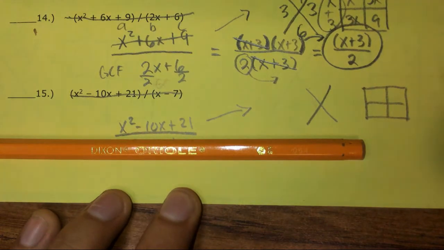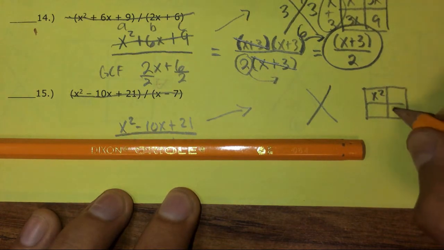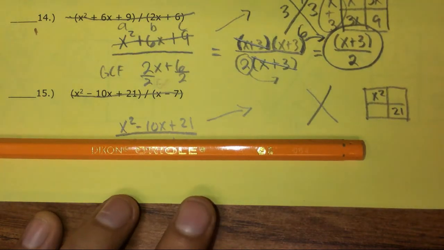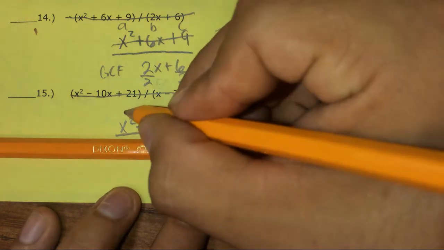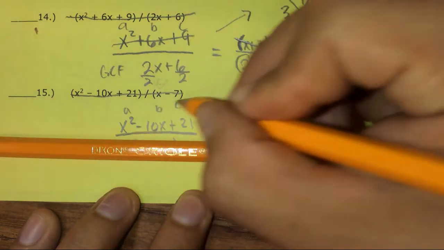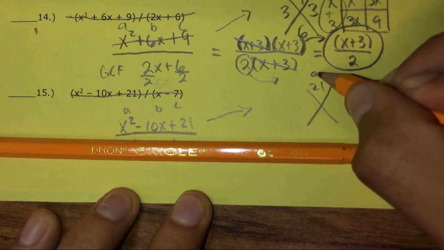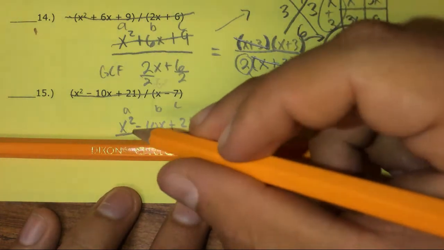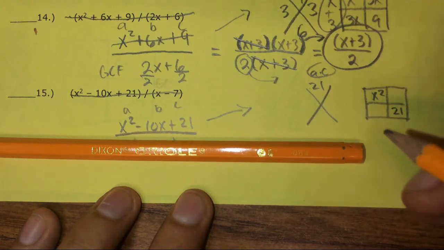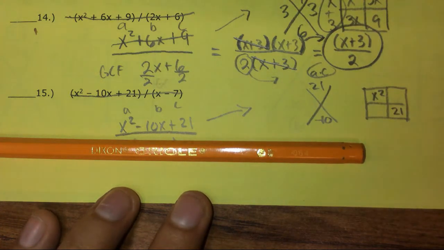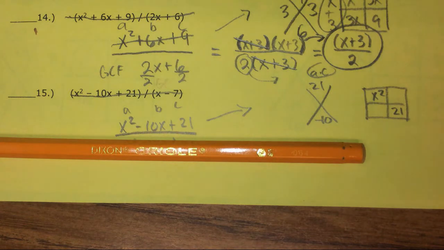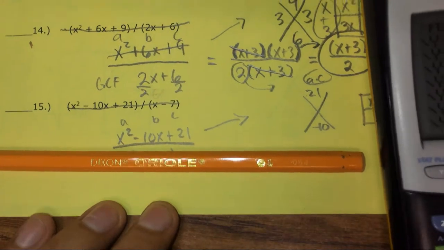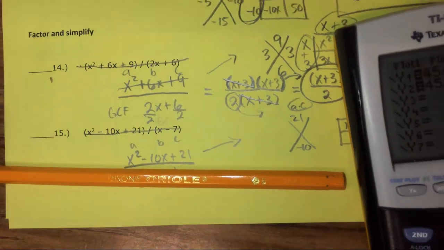So first and last, we have x squared, and we have 21. ABC, A times C is 21. Down at the bottom is my B. Make sure that you have the negative with it, so it's negative 10. And then if we list those factors out, let me scroll back out.